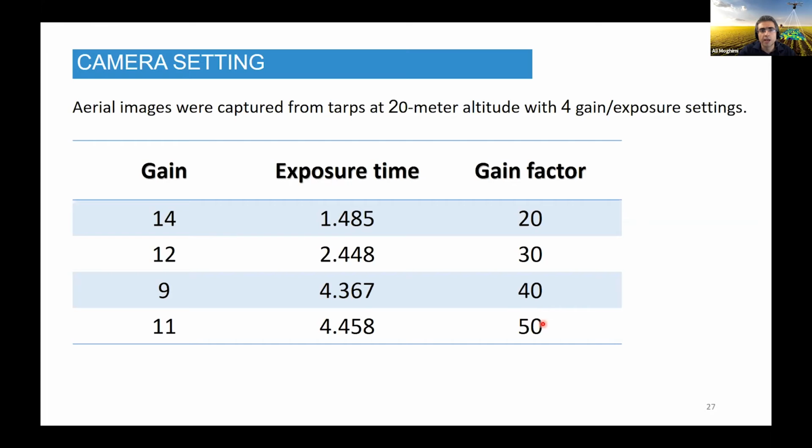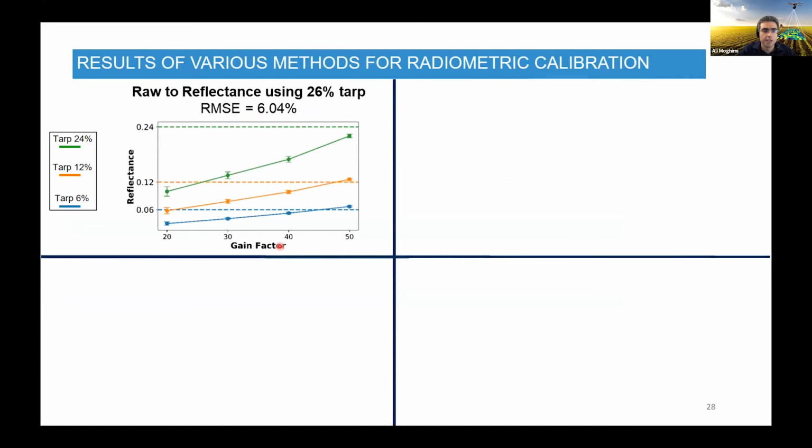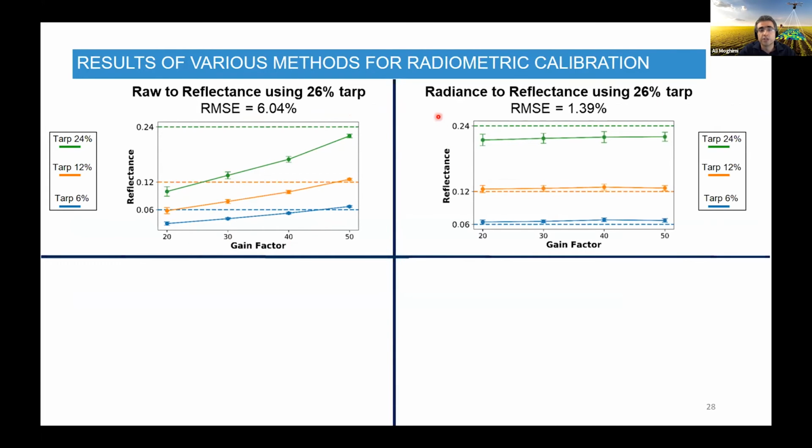So we have 4 different gain factors, and we just want to see how those gain factors, which are camera settings, can affect the reflectivity of the TARPs. Here you can see as the gain factor, which is the combination of gain and exposure, increases, as we expected, reflectance of the TARPs increases. This is what we are not looking for. But if you convert digital number to radiance and then to reflectance, similar to the multispectral sensor, we get fairly consistent results across different camera settings or gain factors.